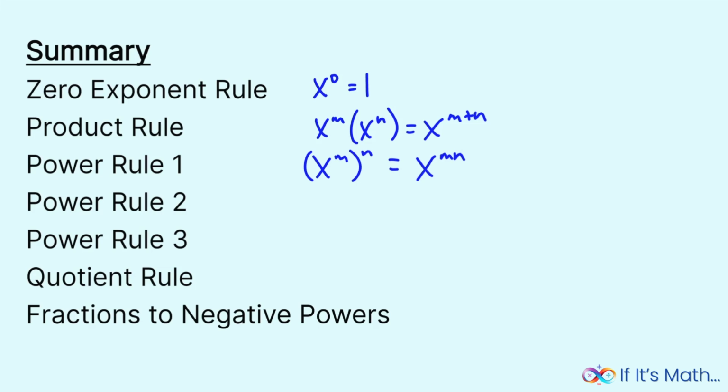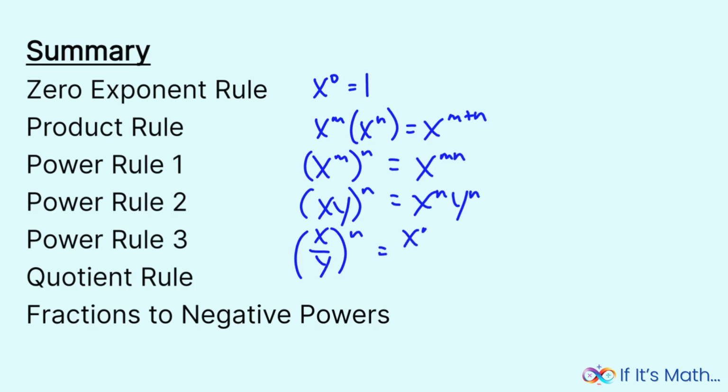Power rule 2 told you that xy to the n is x to the n, y to the n. Power rule 3 told you that x over y to the n equals x to the n over y to the n. I didn't leave myself enough room, but if you're looking at the quotient rule, we'll go over here and do this one.